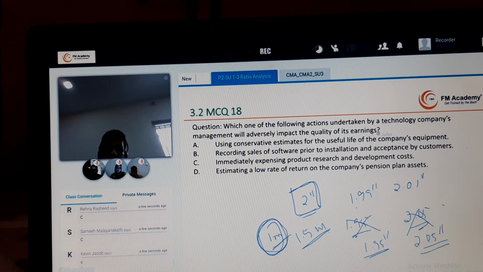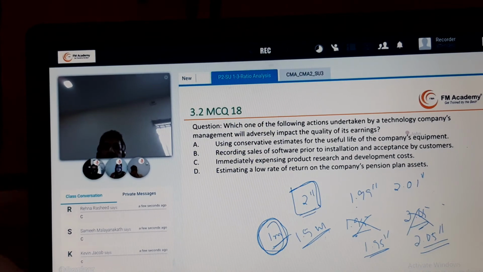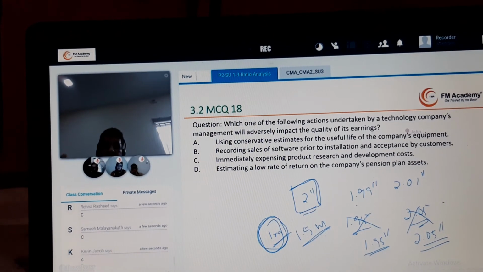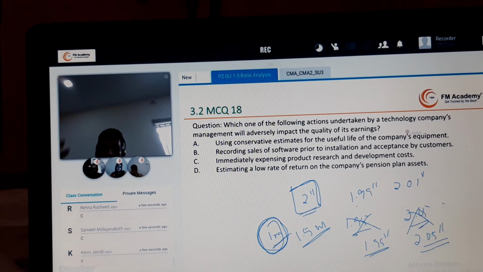When you are having a conservative estimate of the useful life of the company's equipment, you are thinking that the asset will last only for a few years. You are taking more depreciation, right? So that be the case actually. The more conservative you are, the better it is. That is not going to adversely affect. That is going to improve the quality of earnings, right?